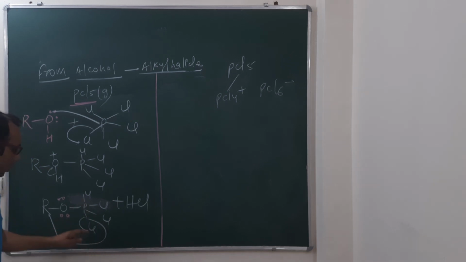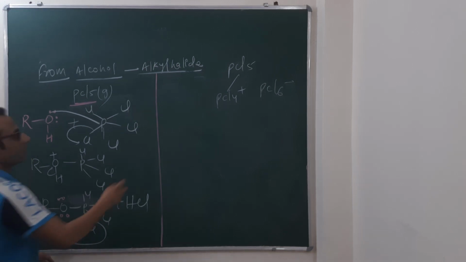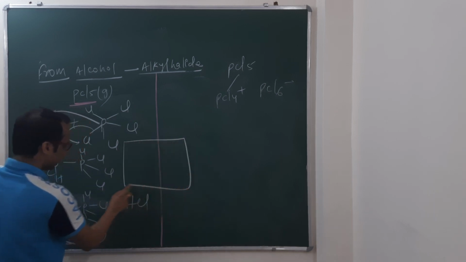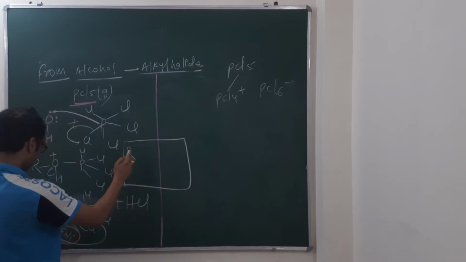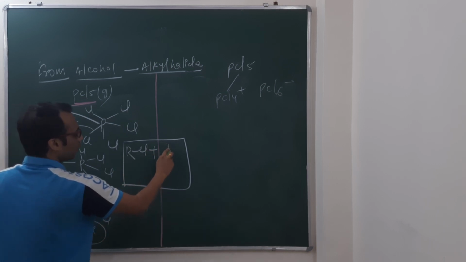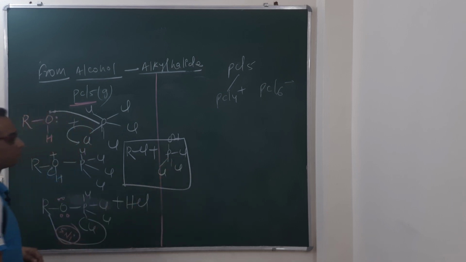What will happen? So here what mechanism will work? SNi mechanism will work. So what happened? Here is where I write. Here is what happened? RCl plus POCl2 will form.